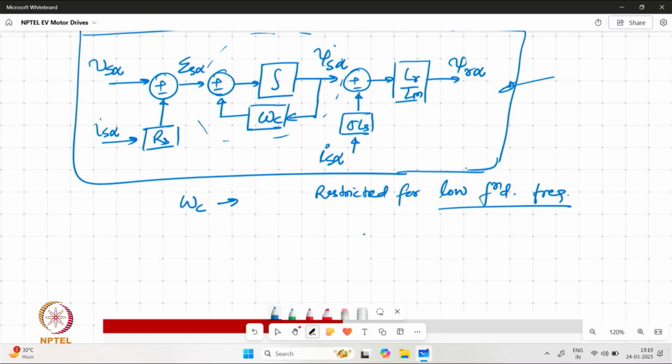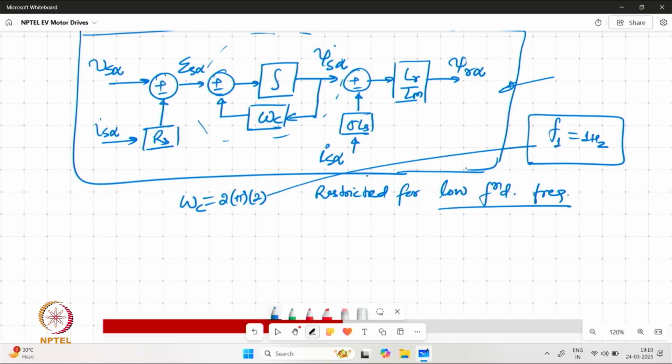For example, if we are setting omega c corresponding to say 2 hertz, and we are trying to have estimation of rotor flux at a fundamental frequency of 1 hertz, this may not be very accurate. So there could be errors in the computation of the rotor flux, and which is where our sensorless vector control may suffer at low speeds. Now we can have some corrections in the model which we have given with the pure integrator to get rid of these problems.